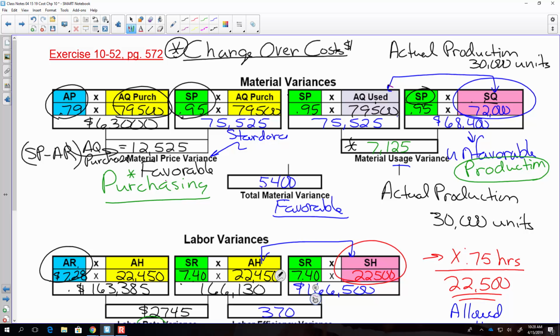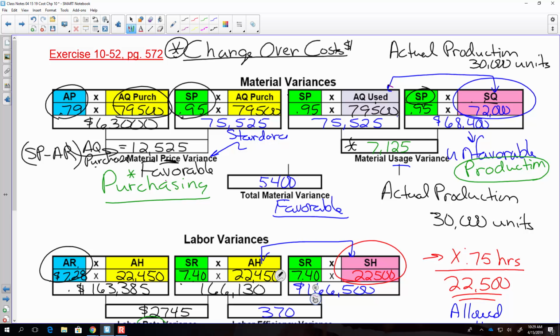SP minus AR times AQ purchase. That's A's answer. B's answer will be SP minus AR times actual quantity used. See how tricky we can get? Just by changing one word from purchase to used, that formula is wrong for the price.